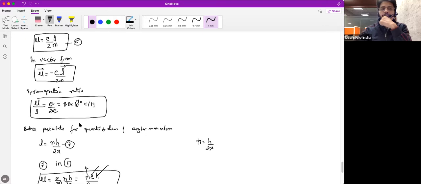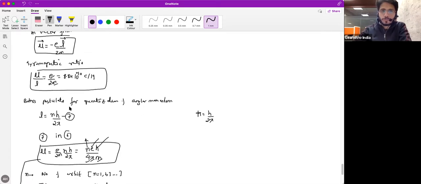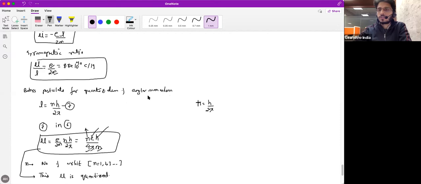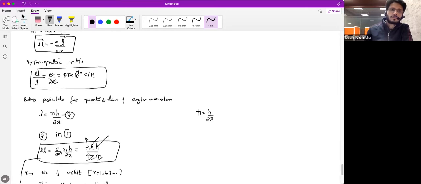After gyromagnetic ratio, we have to introduce Bohr's quantization condition in it. So using Bohr's postulate for quantization of angular momentum, I can write this. Yes, Abdullah? That is 10 to the power 10 coulomb per kg. Okay, do one thing. Note it down up to here.